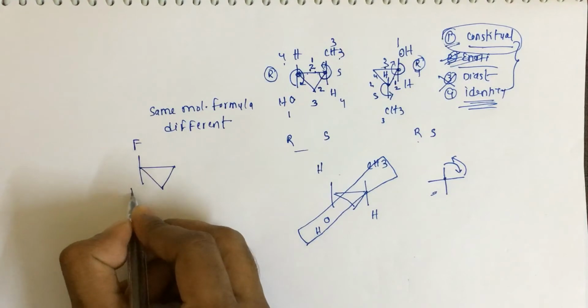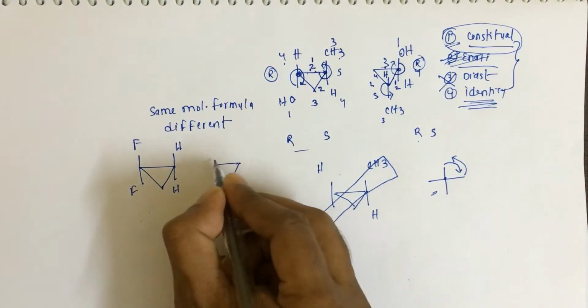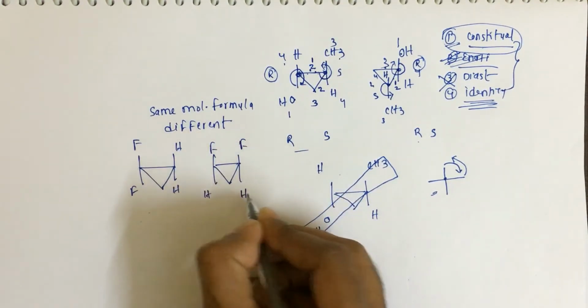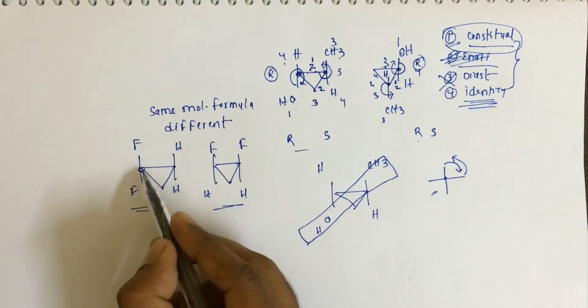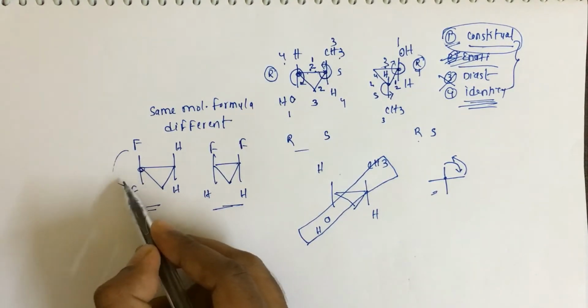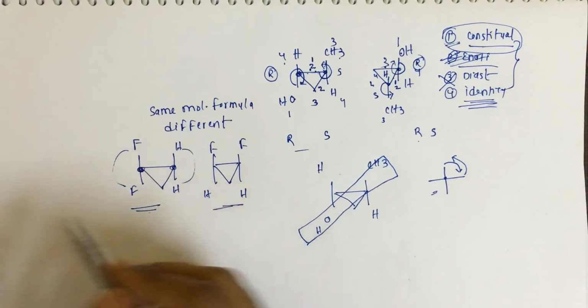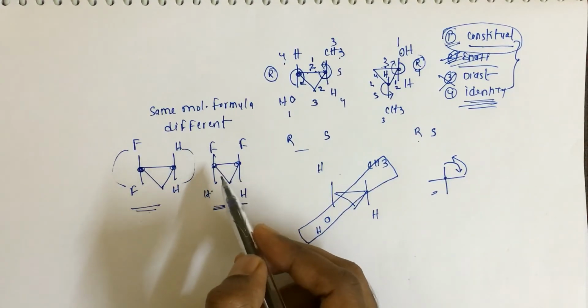Here fluorine and hydrogen. In the other compound we have fluorine and hydrogen, fluorine and hydrogens. So here we have the same molecular formula, but connectivity is different. Connectivity means here two fluorines are attached to only one carbon, and here two hydrogens are attached to one carbon. But in this case, one fluorine, one hydrogen, one fluorine, one hydrogen. So this is called constitutional isomers.